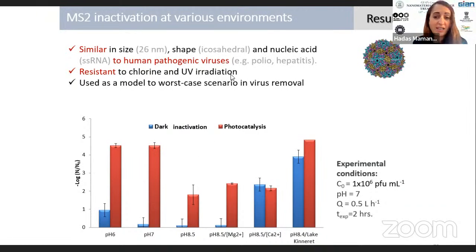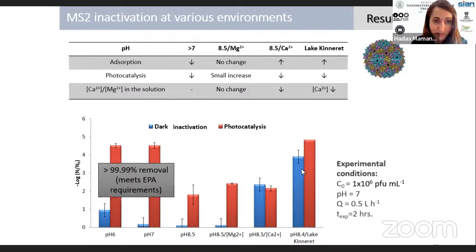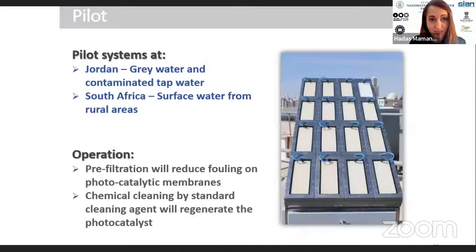So we assumed that calcium had a role in sorption and not necessarily in photodegradation. Therefore, we did additional tests with calcium at different concentrations to understand what's happening between the photocatalyst and the viruses.